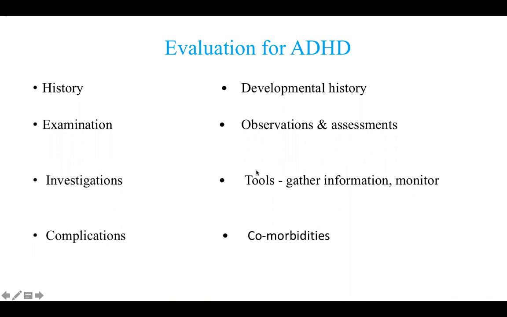and do assessment and investigation in the form of tools that we will be discussing, primarily the Vanderbilt, to gather more information on how the child is in different settings, 3 different settings. Preferably at school, to know his behavior in the classroom as well as the impact on academics. At home, how he behaves when he's not in a controlled situation, when he's in free time, doing unstructured play, how he's coping with himself when left to his own devices, how he's organizing himself.